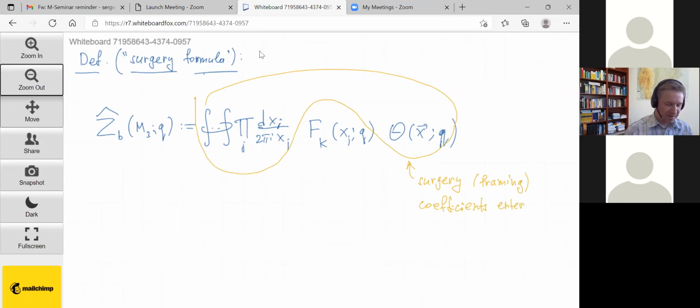And then this part does not depend on the choice of link on which we do the surgery. And this is the rest of the formula, basically the integrand.